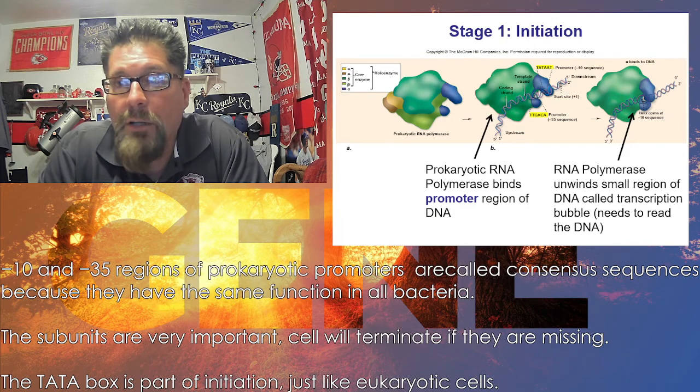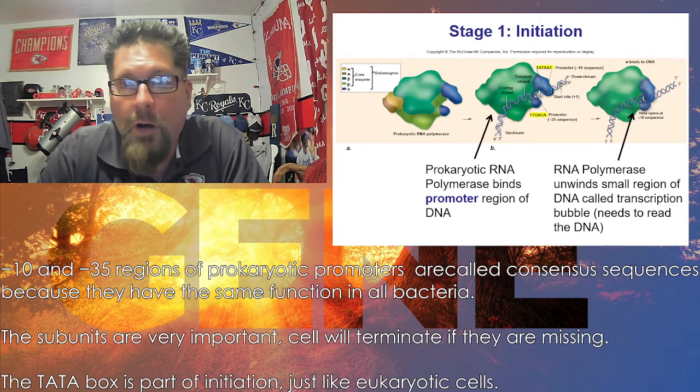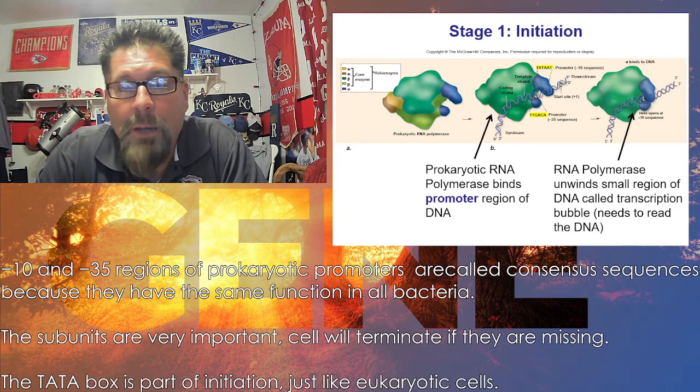But just like eukaryotic cells, the DNA is unwound, the mRNA is transcribed into the RNA material, and then of course it's wound back up. The DNA strand is as well.